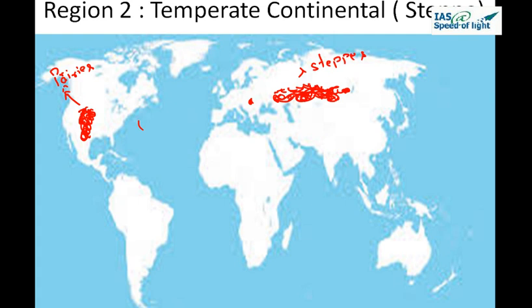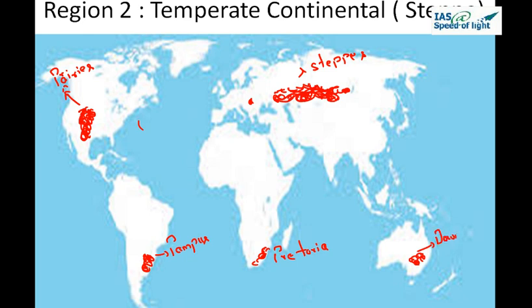Coming to the southern hemisphere, starting from South America, we have Pampas in Argentina. In Africa, we get Veld, and in Australia they are known as Downs.